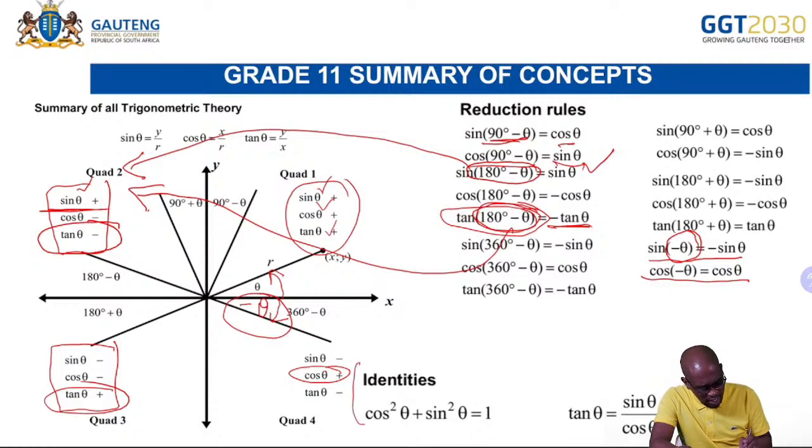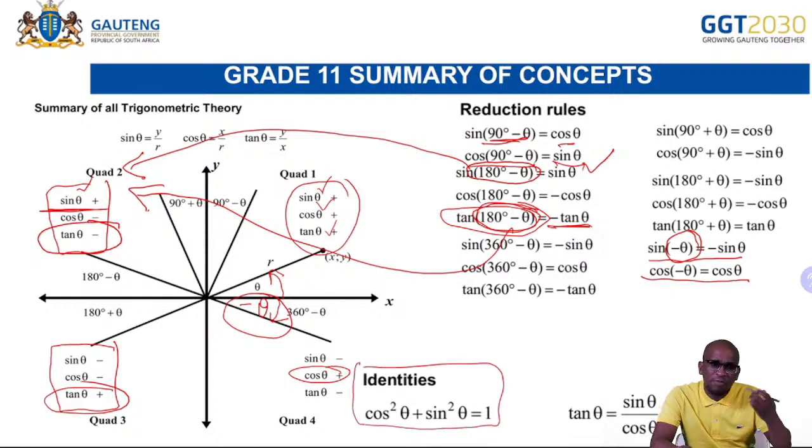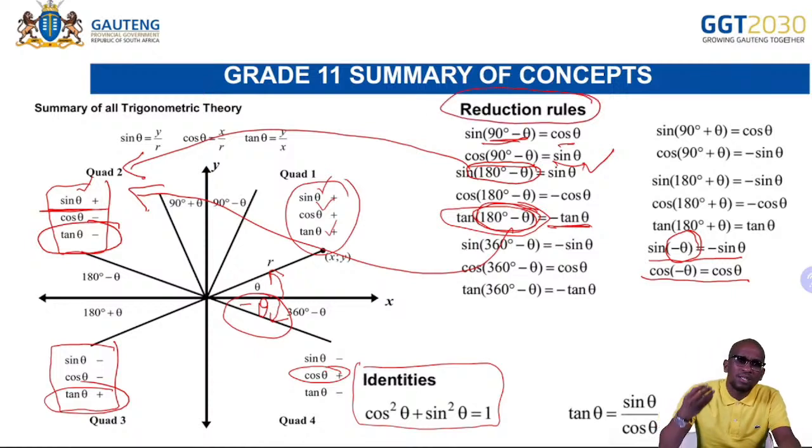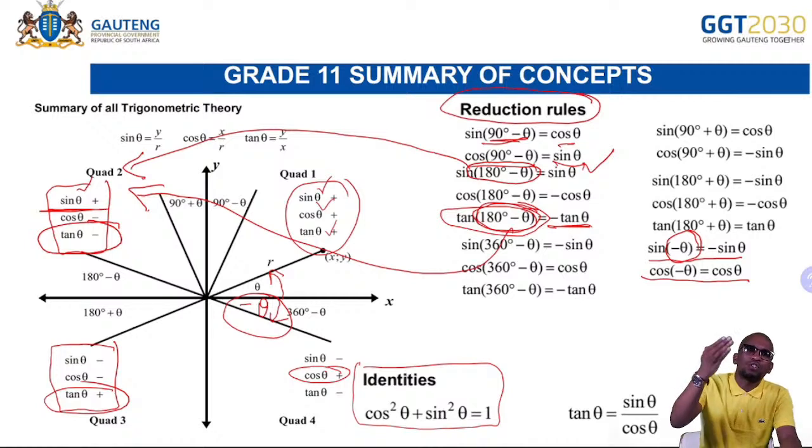So now identities, obviously, but before we get into identities, I would need to also make you aware of the fact that we are using reduction. It is called the reduction formula simply because you are taking angles that are not necessarily in the first quadrant, that are not acute, and you are making them acute angles. So you are reducing.